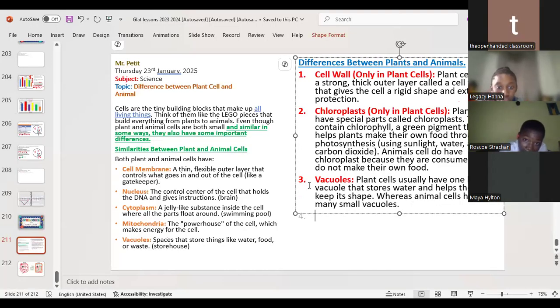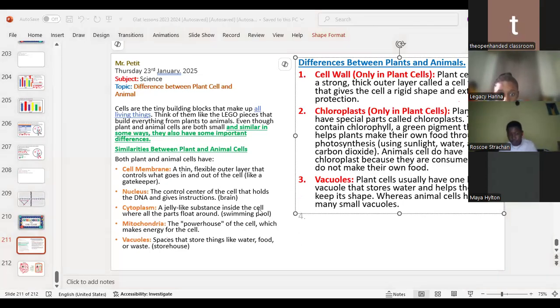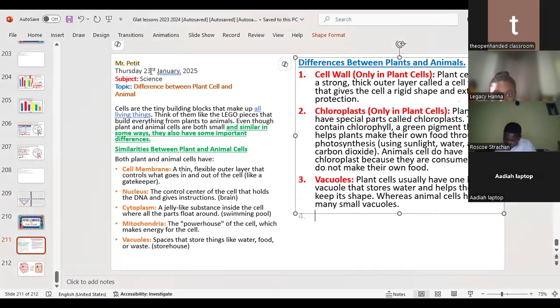Adaya, what are the differences between a plant cell and animal cell? I don't know.